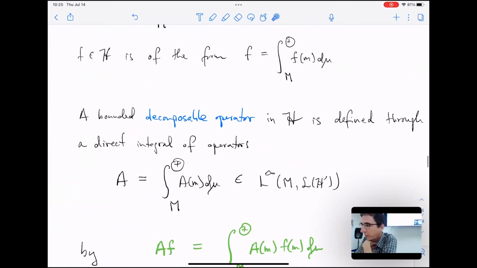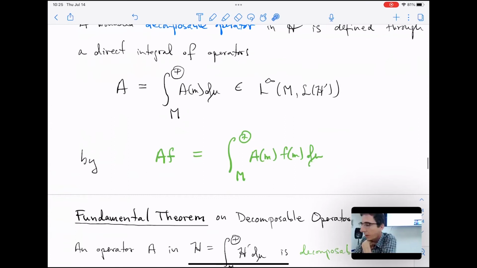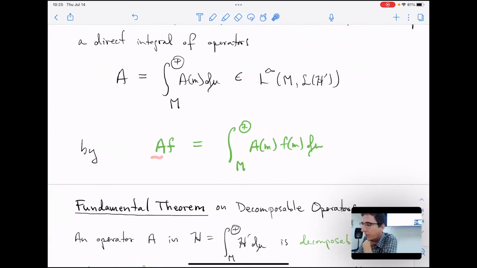In other words, I decompose F into these F_M. And if the operator is also decomposed by individual operators for every M acting on those components, then you say it's decomposed by this direct integral. And so it's really diagonalized, but kind of block diagonalized. It's local. This A acts on each M separately.